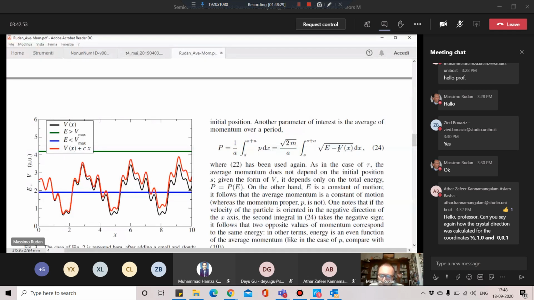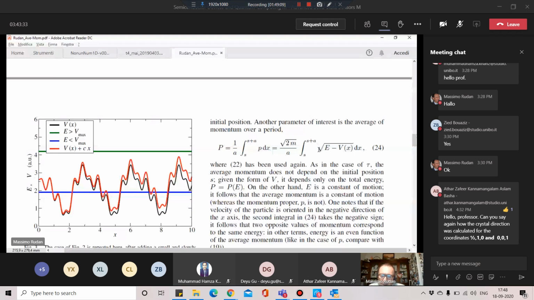So, of course, P will depend on the form of the potential energy V. But when you conclude this integration, there will be just one parameter important in the definition of P, that is the total energy. Of course, there will be also the mass, the period A, that is a geometrical parameter, but the fundamental parameter on which the average momentum depends is energy, okay?